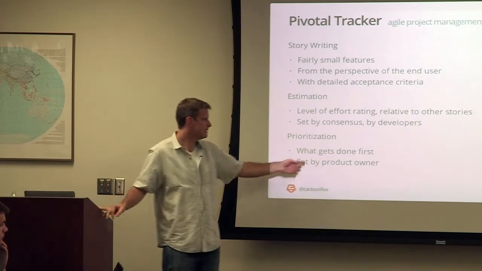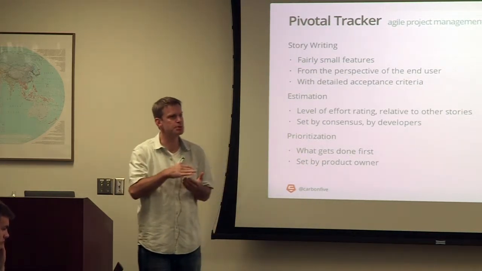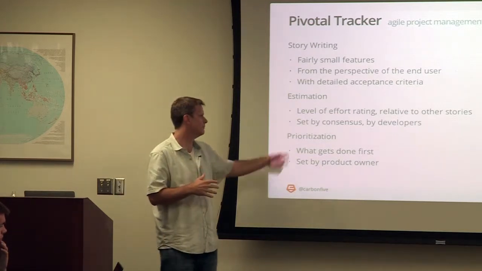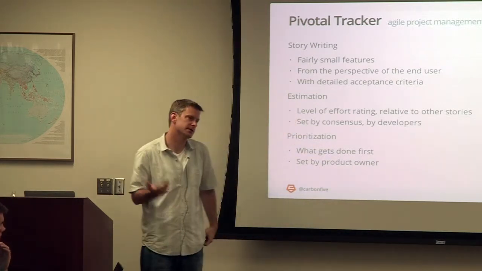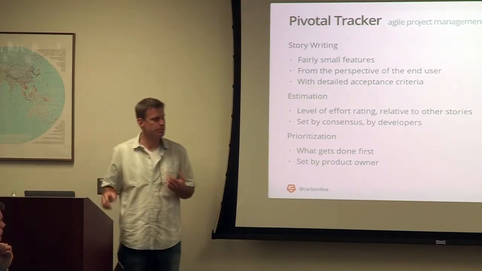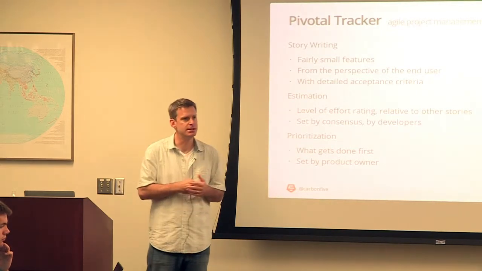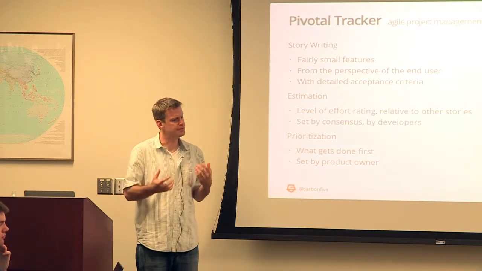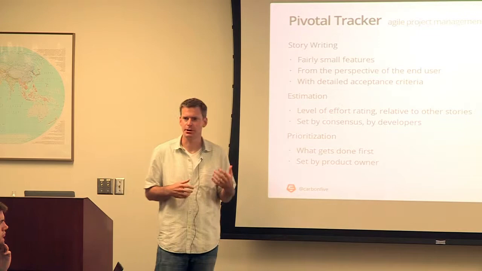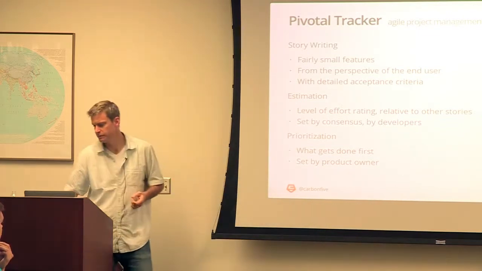We say, we'll do whatever you want first, and you guys can set priorities. This is what's most important to the business, and the tool will tell you when it's going to get done. This gets more and more important as more features go into your app and more people come onto your team. And if your developers aren't sitting next to your product people day to day, this tool can be super helpful.